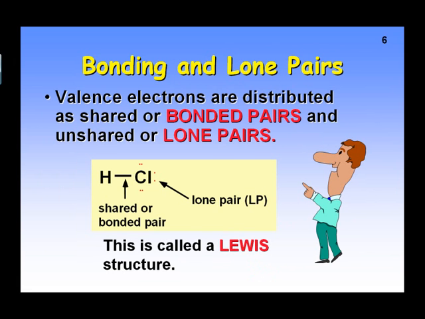So a quick little review here. Valence electrons are the outermost electrons. They are distributed around the molecules as either bonded pairs, so they're participating in a bond, or as a lone pair, so they're sitting there on that element, but they're not necessarily participating in a bond.